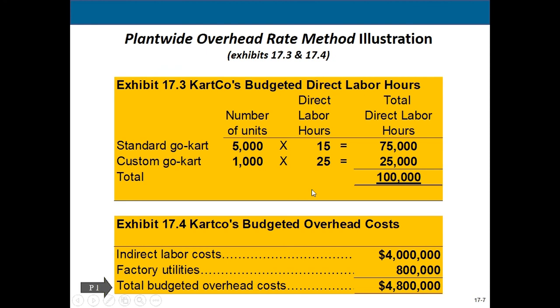About 1,000 custom go-karts, 25 hours per unit, 25,000 hours, for a total of 100,000 hours in the accounting cycle. And then CartCo has budgeted overhead cost in direct labor of $4 million and factory utilities of $800,000. So a total of $4,800,000. This is what they budget to be their actual overhead. And of course, they want to allocate this overhead out to the jobs.